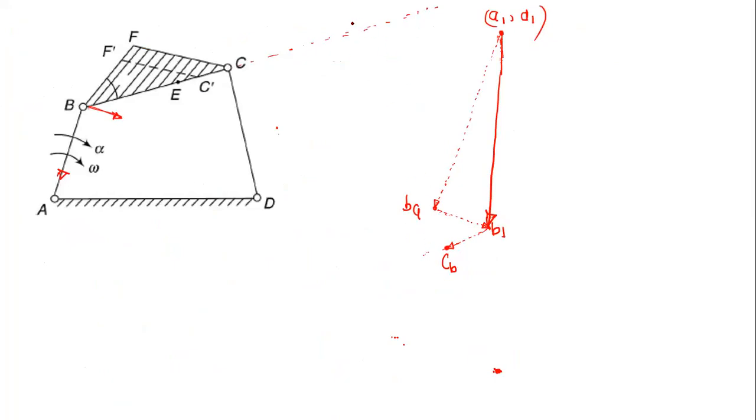Obviously this line is going to pass through which point? Because we are interested in drawing the vector CBC1, this line is going to pass through this point CB, right? So just draw a line that is perpendicular to BC. That's it.